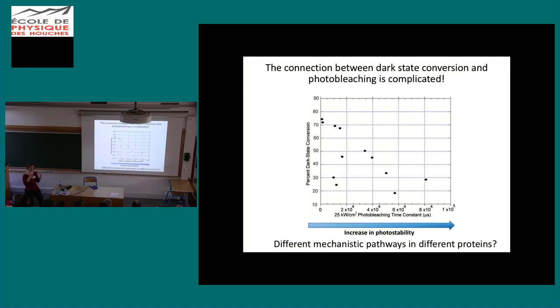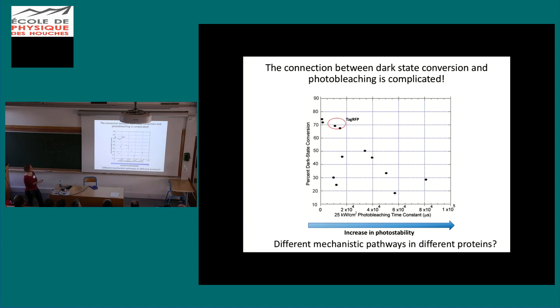However, the actual connection between dark state conversion and photobleaching itself, which is what we were trying to get at, is really complicated. And that's illustrated. I just want to highlight 3 or 4 points on this plot. So this is a plot of the percent dark state conversion compared to the photostability. So if you're over here, then you're more photostable.